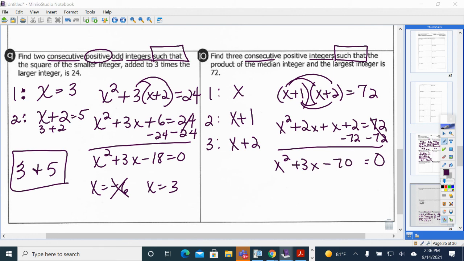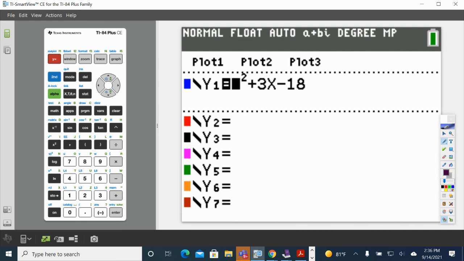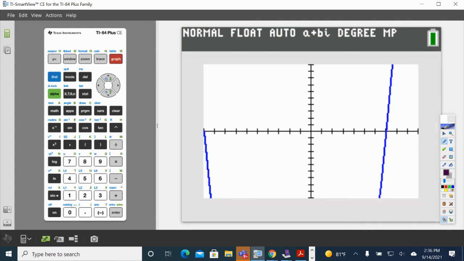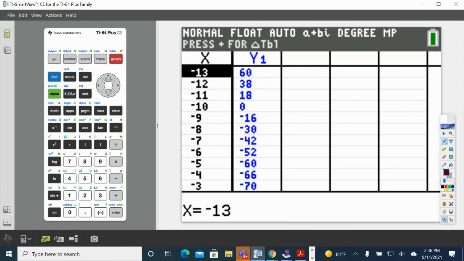All right, let's solve by graphing. X squared plus 3x minus 70. So it looks like a negative 10 and a 7. And again, you can confirm that in your table.